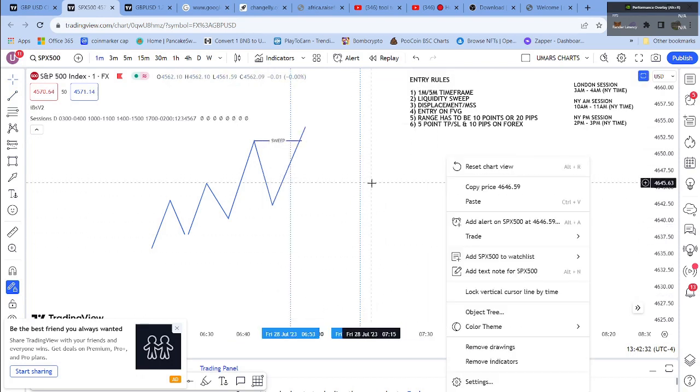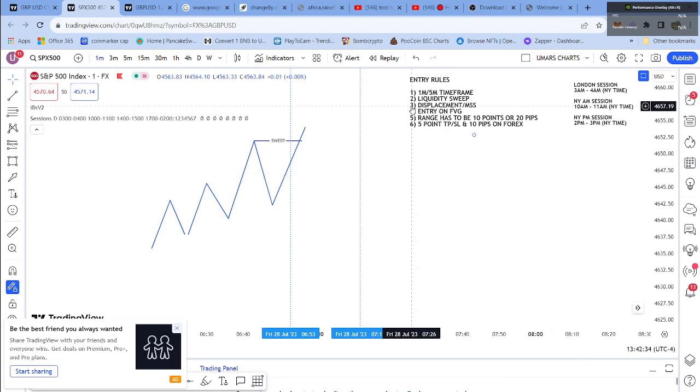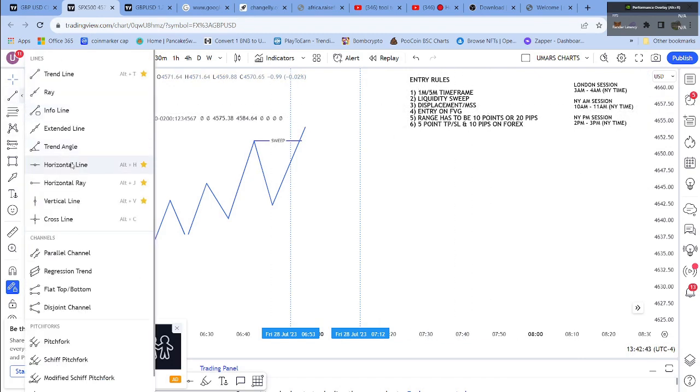After identifying the liquidity sweep, we're then gonna move on to step 3. Step 3 is basically looking for a displacement or a market structure shift.